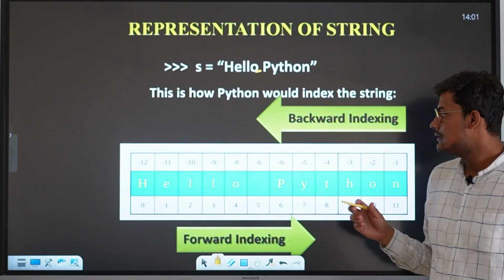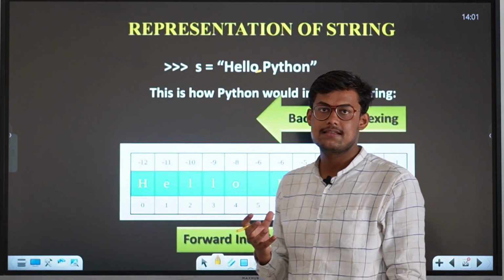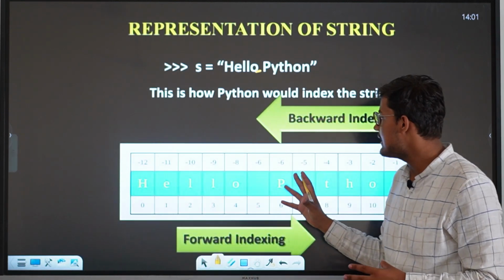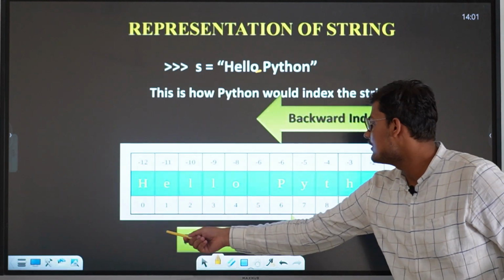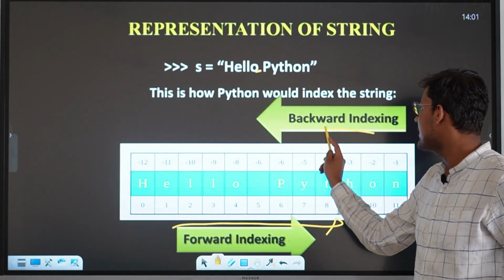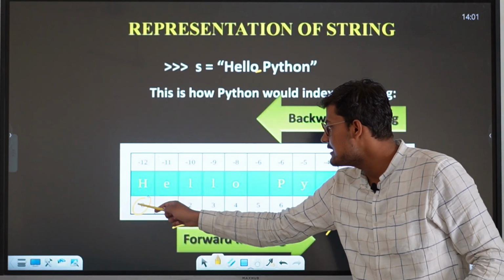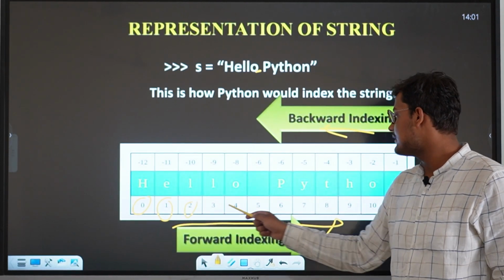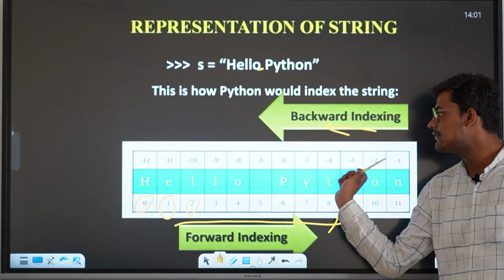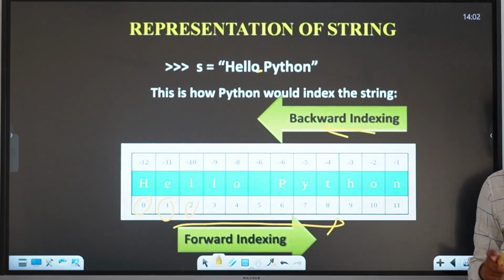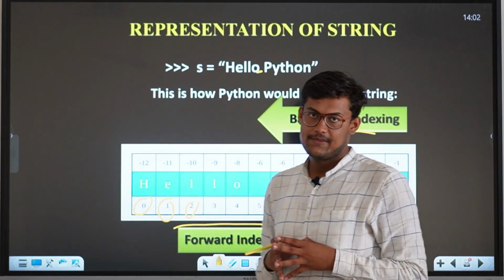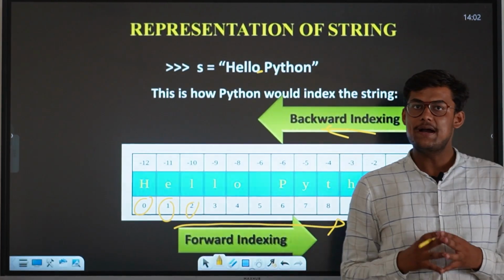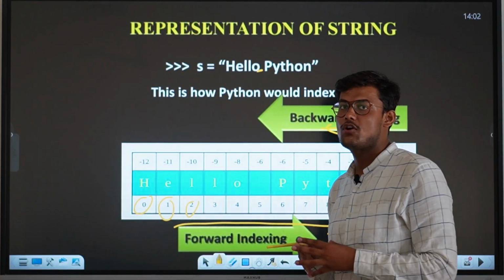Okay. By default the strings are indexed in the Python programming language. As we can see, this is called forward indexing and this is called backward indexing. So, H is at the 0th index, E is at the first, then second, third and so on, and backward indexing goes from -1 to -12. If we want, we can access each character by using its index number.